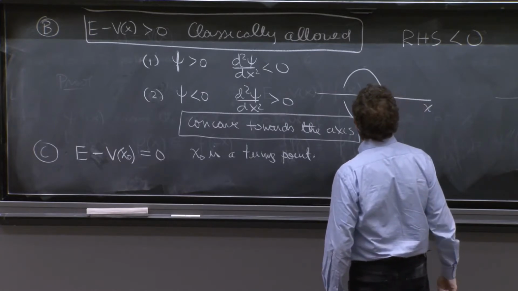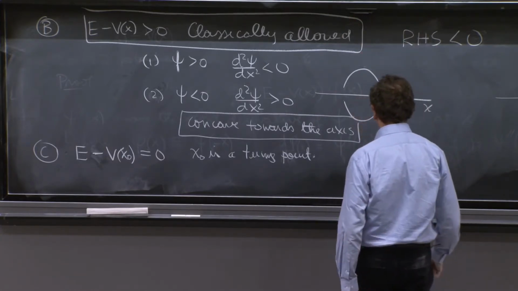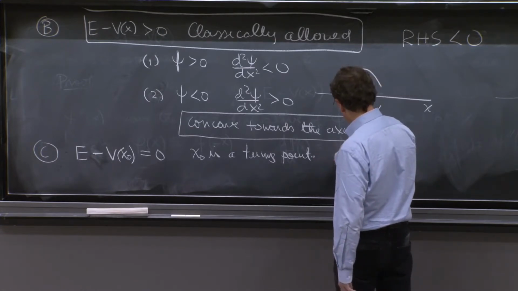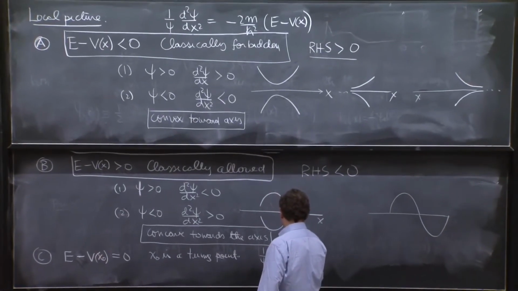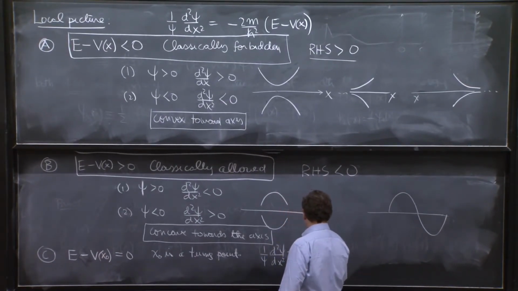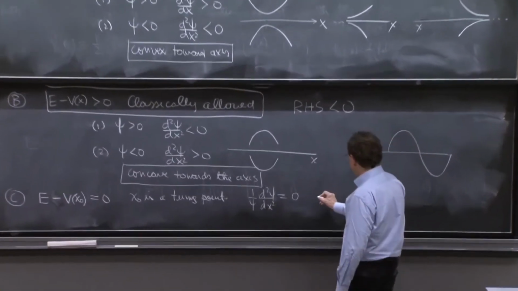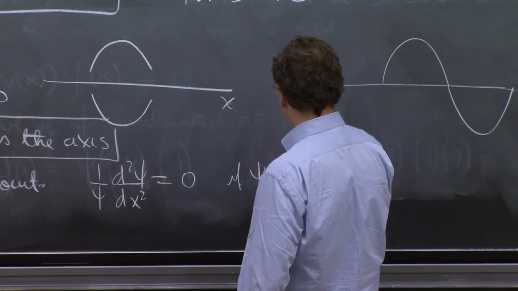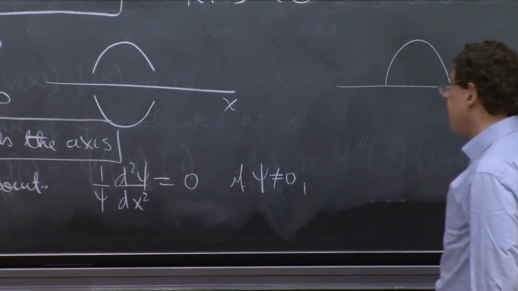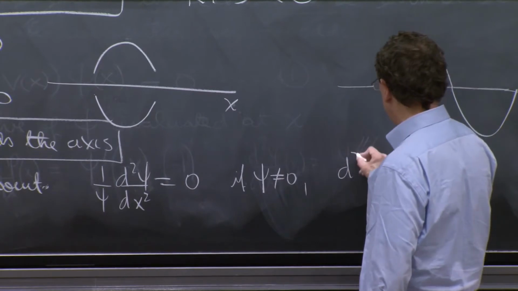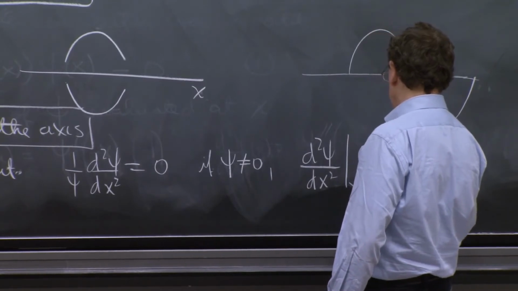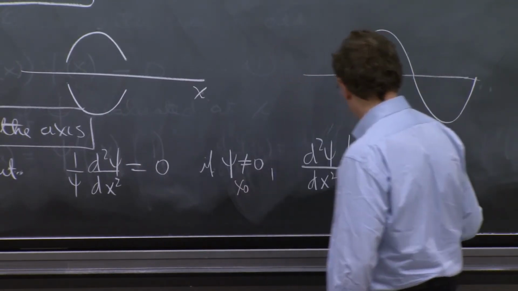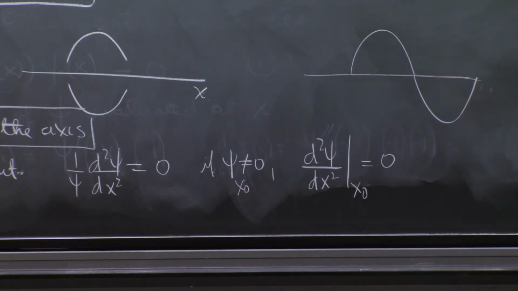And something else happens. If the right-hand side is 0, we have that 1 over psi times the second derivative of psi, d squared psi dx squared, is equal to 0. And if psi is different from 0, then the second derivative must be 0 at x naught, and a second derivative being 0 is an inflection point.